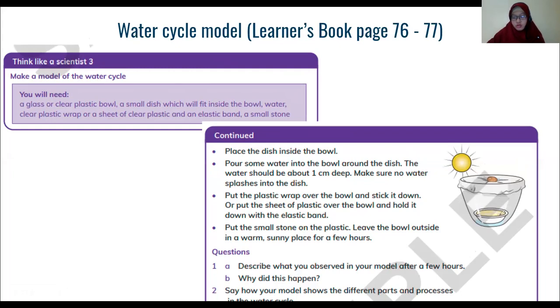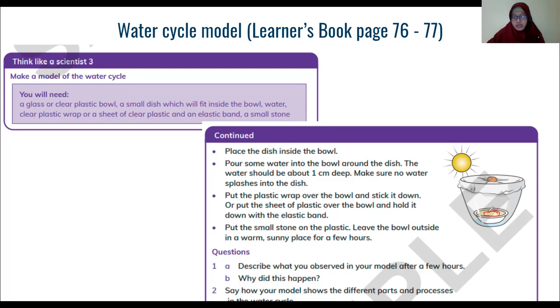There is a small bowl inside the bigger one, and you have to cover the bigger bowl with a plastic wrap, put a marble on the plastic wrap, put it in a sunny place, and leave it for a few days. What are you going to find? So let's see this.